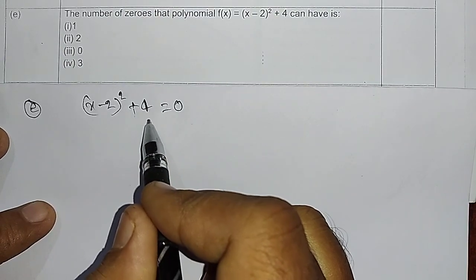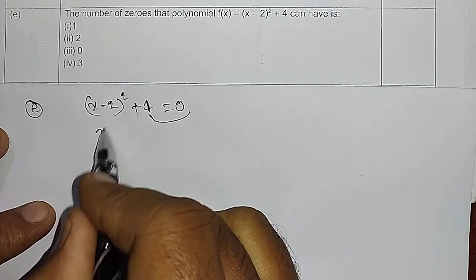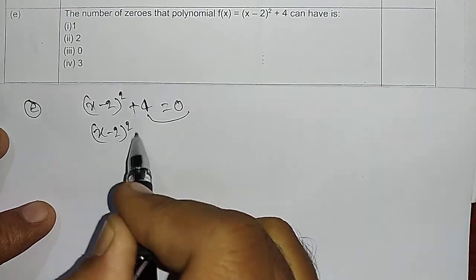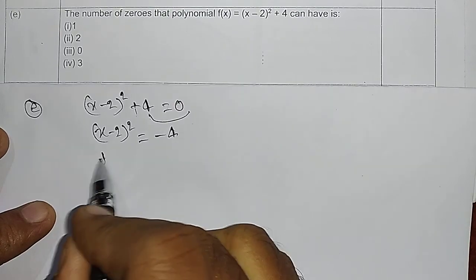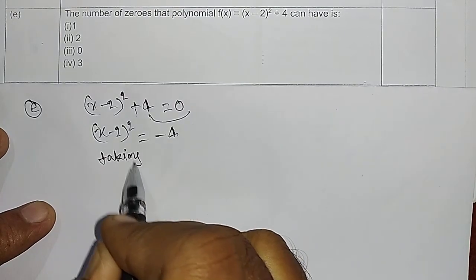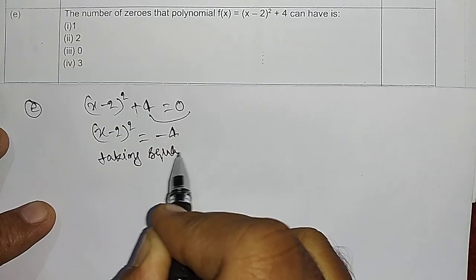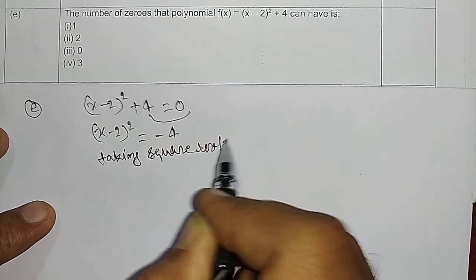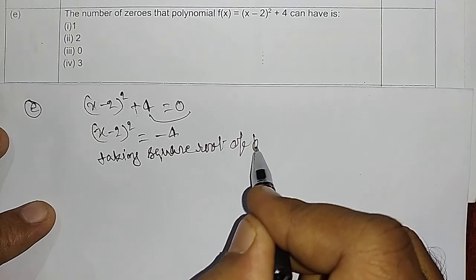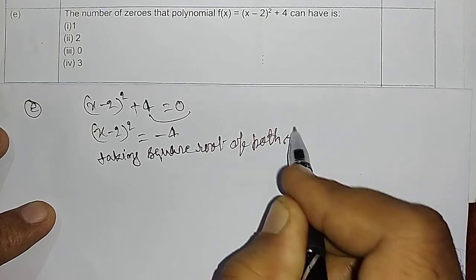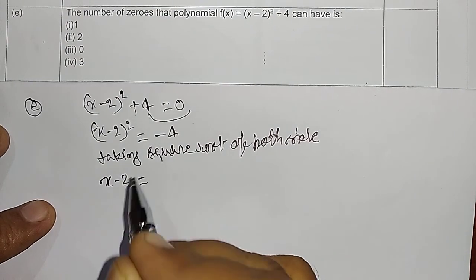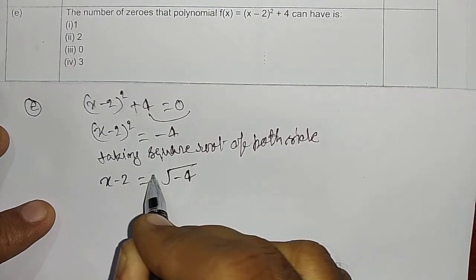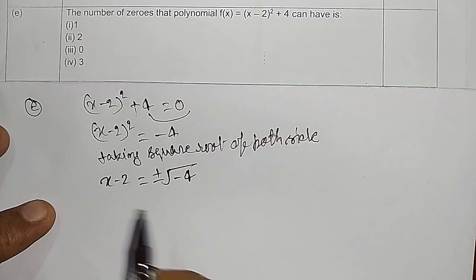If we transfer this number, we get (x minus 2) whole square equal to minus 4, and taking the square root of both sides, we will get x minus 2 equal to plus minus under root minus 4.